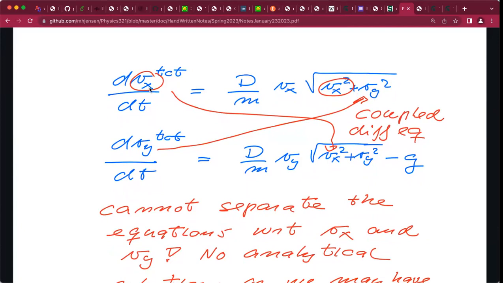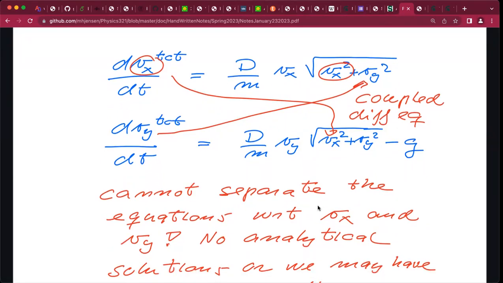So v of x is an unknown, v of y is an unknown, and we would call these coupled differential equations. And we are going to meet another such example today. So this is the kind of equations where we are trying to solve the differential equations, but we have to resort to a numerical solution.